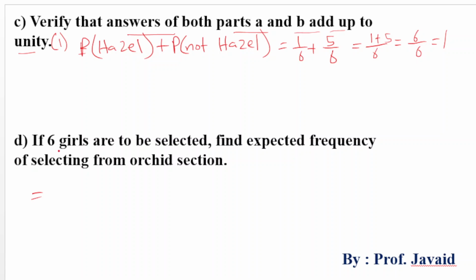This also: if 6 girls are to be selected, find the expected frequency of selection from Orchid section. So 6 girls are to be selected.